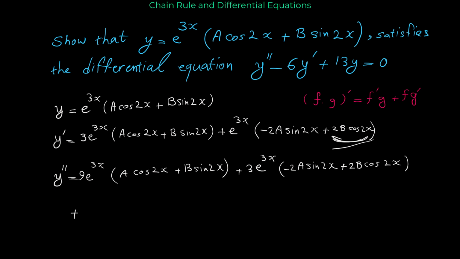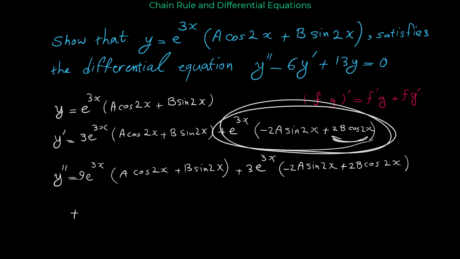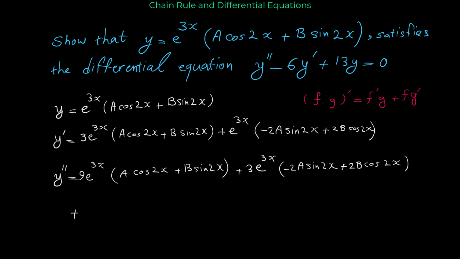Plus, now we want to find the derivative of this. First, we have to find the derivative of e to the 3x. The derivative of e to the 3x is e to the 3x times 3, which we write as 3e to the 3x.